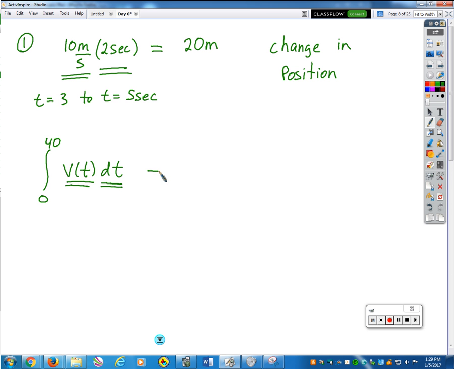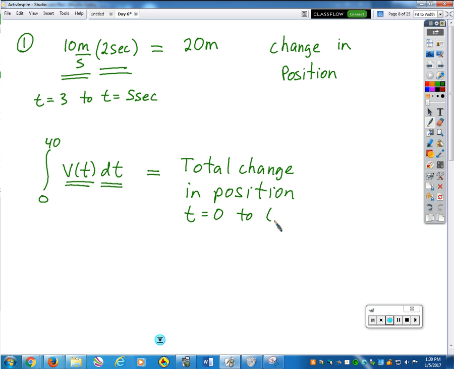That integral also gives us a total change in position for the time period t equals 0 to t equals 40, because all the integral really does is it does this computation for a whole bunch of little short time periods and just adds them up.